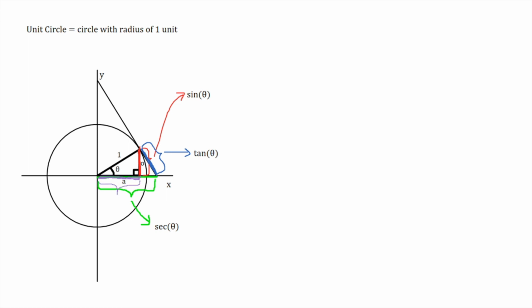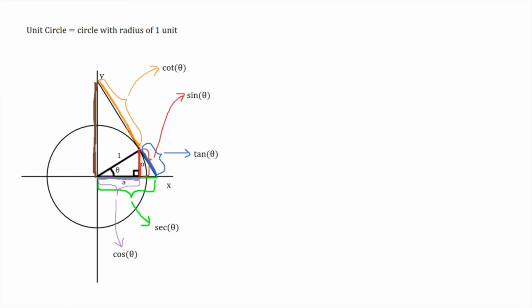Cosine theta would be A, which is this segment here. Cotangent theta would be here, and cosecant theta would be here. We can use this diagram for solving word problems, like for instance, working out the distance between these 2 points or other 2 points by knowing something about theta or vice versa.